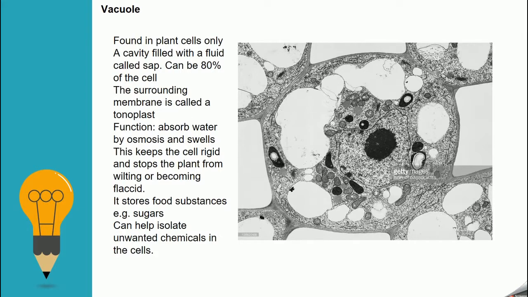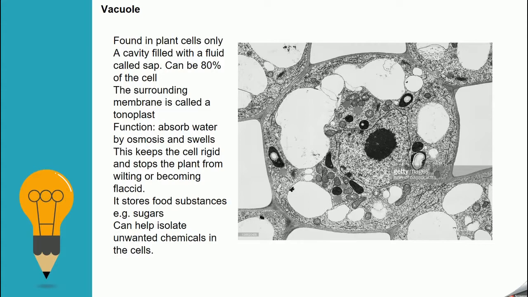Vacuole. These are found in plant cells only, and they could be found in animal cells, but the majority of the time they're found in plant cells, and they're a cavity filled with a fluid called sap, and it can take up 80% of the space in plant cells, and the surrounding membrane is called the tonoplast.